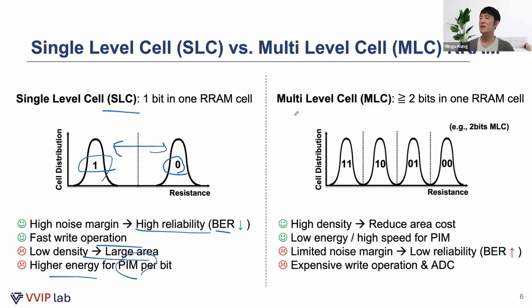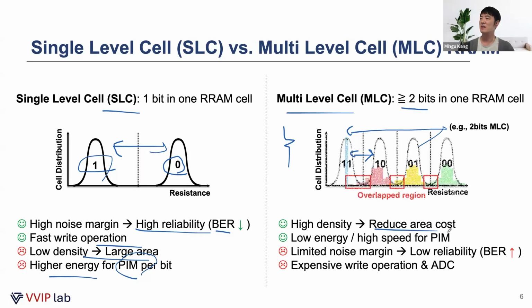On the other hand, in the multi-level cell case, you pack more information within one single cell. So in this case, 2-bit information, meaning that 4 different levels are represented, is stored in the cell. Because of that, naturally, can you see here, noise margin is very, very narrow. So sometimes, because of the non-ideality, some overlapped regime exists.